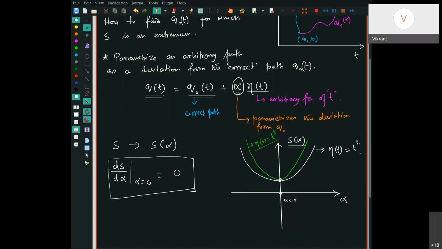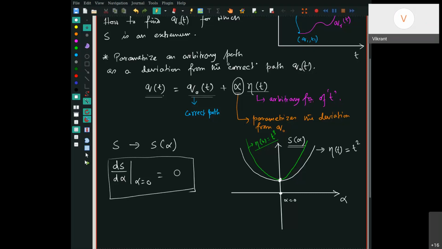We have defined qt in terms of eta t and some constant and q naught t, right? So then in the function L, we also have q dot t, which is basically the first derivative. So eta t must always be differentiable, right? We cannot choose any random function.